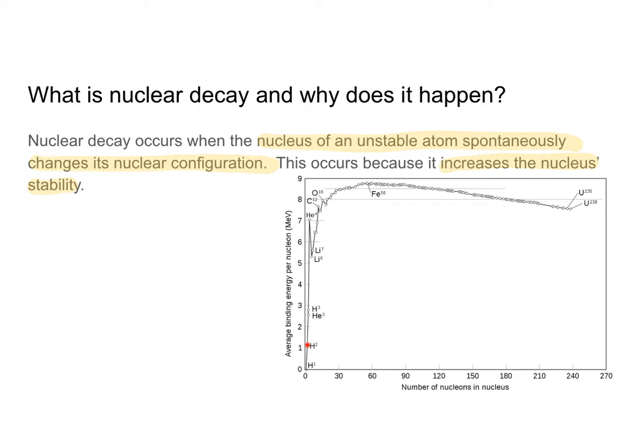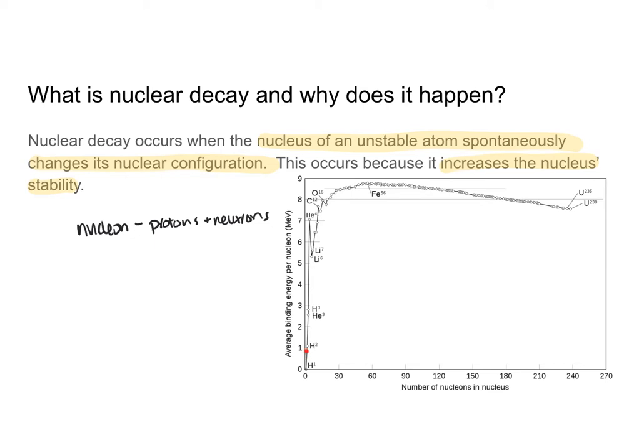But as we start to increase our number of nucleons, and I do want to mention here, guys, the word nucleon, which you're going to hear a lot this unit, means the combination of protons and neutrons. So anything that makes up a nucleus, hence nucleon.